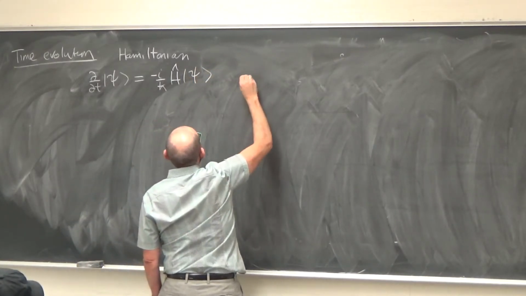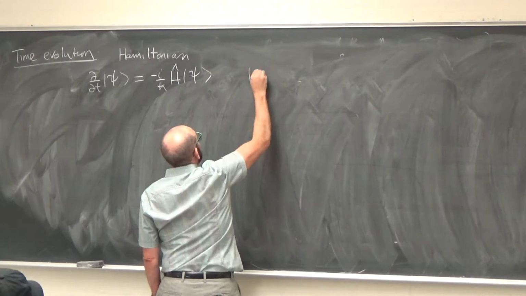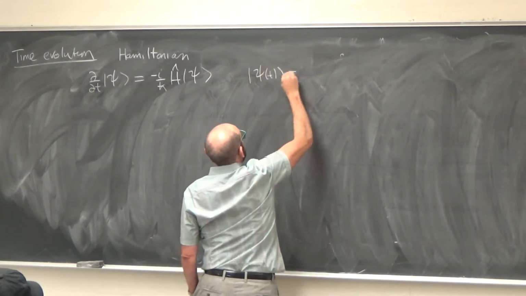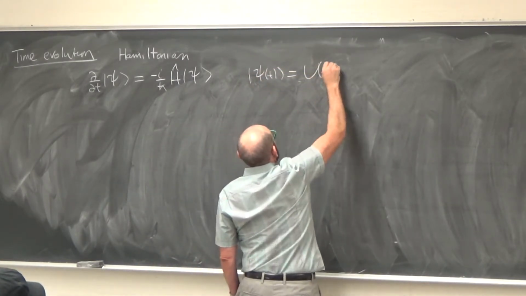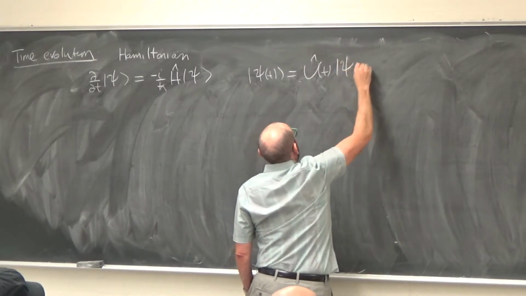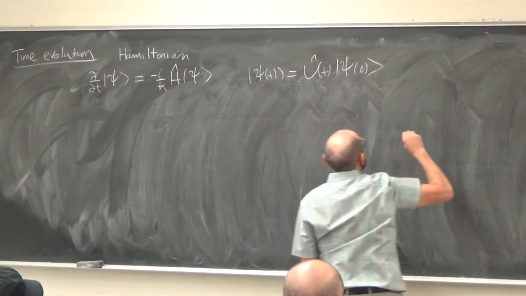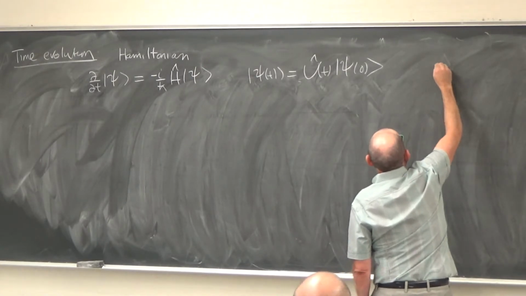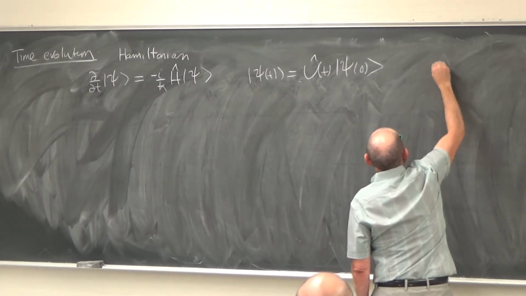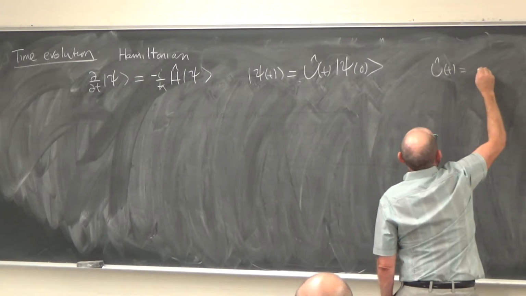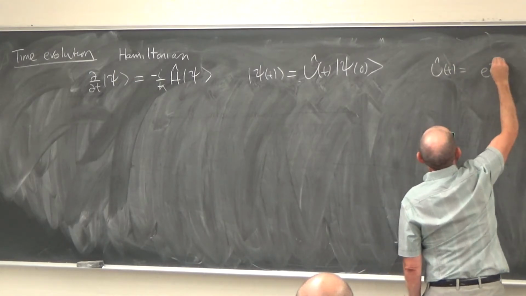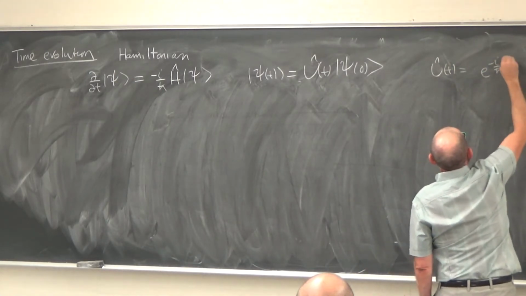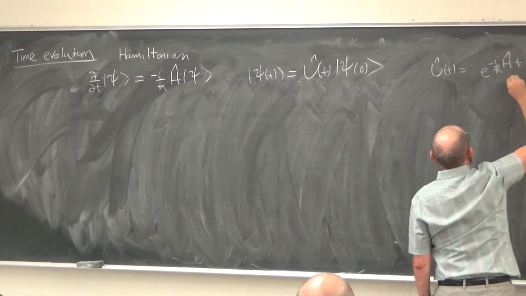And of course I can also write this in terms of the unitary map of the initial state. And U(t) is equal to e^(-iHt/ħ) if H is time independent.